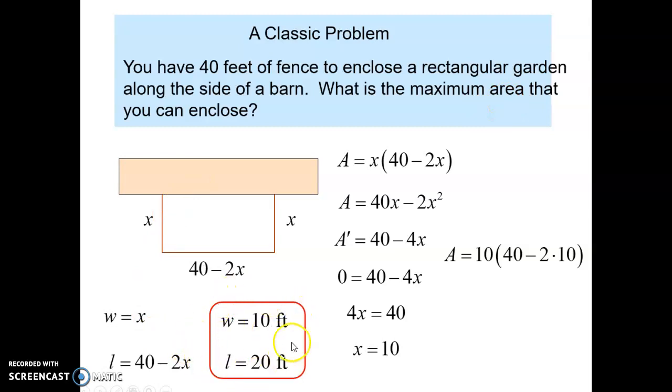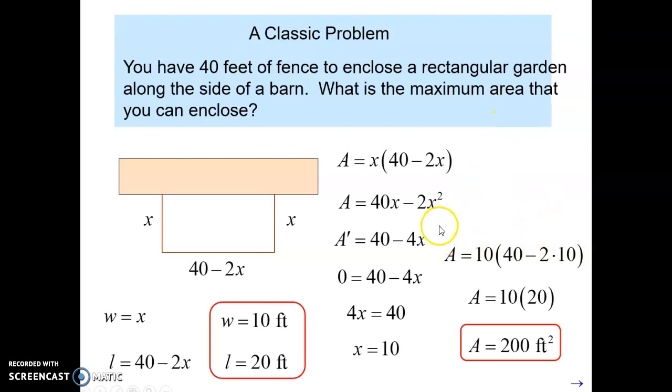Well, if I know that the maximum width will occur when X equals 10, and the maximum length will occur when X equals 10, then this must be my length and width of my garden. Therefore, my maximum area that I can enclose would be 200 square feet.